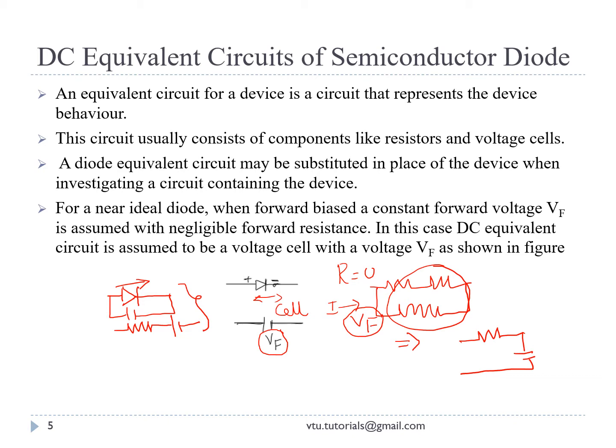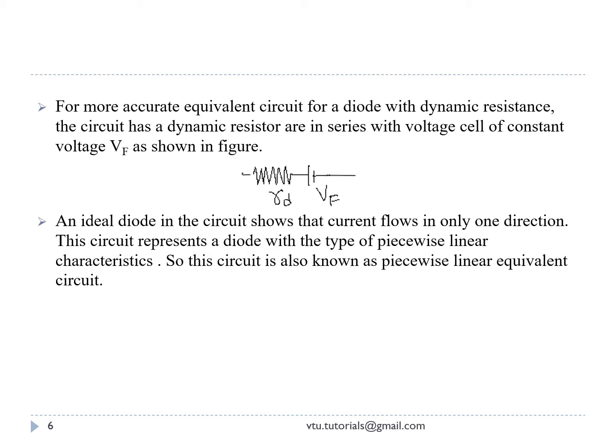Now next we can consider the accurate equivalent circuit of a diode. For an accurate equivalent of a diode, we go with all these characteristics. When a diode is forward biased at a voltage V equal to 0, there exists a resistance R for which the current I is equal to 0, and this resistance is due to the depletion region, as we have already studied.